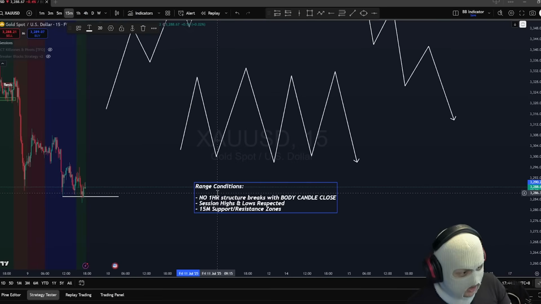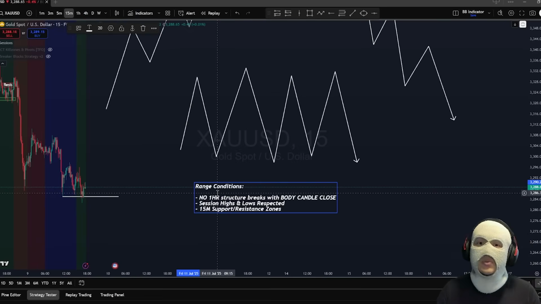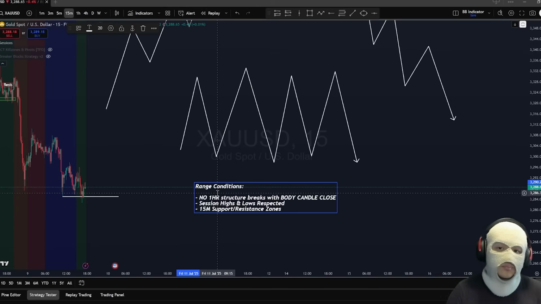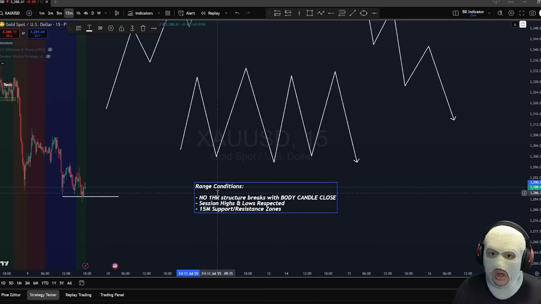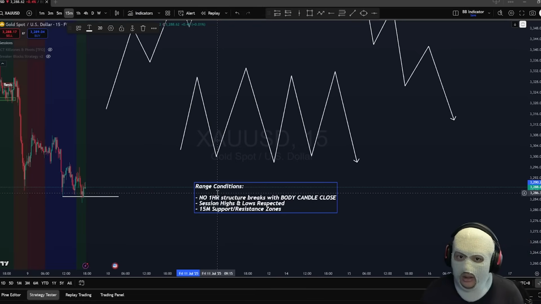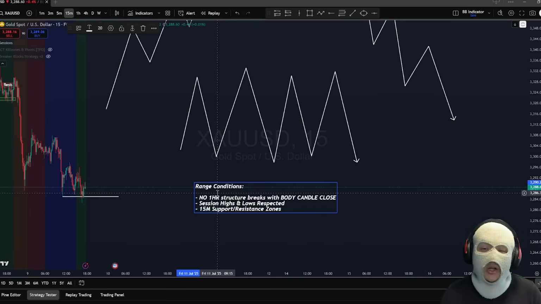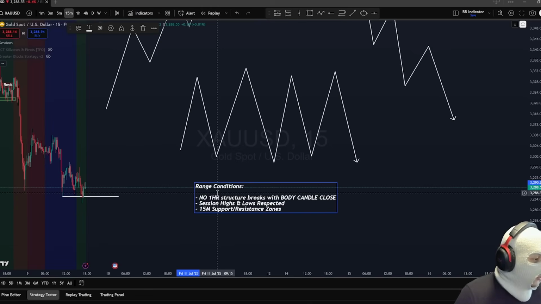I see some answers. Sweeps of liquidity. Cool. That's the strategy on the 1 hour time frame where we're looking for the session highs and lows. Looking for a sweep of that, giving us a 1 or a 5 minute bullish change of character or bearish change of character for that reversal trade. That's fair. Cool.